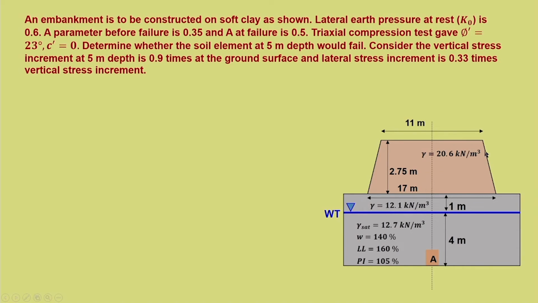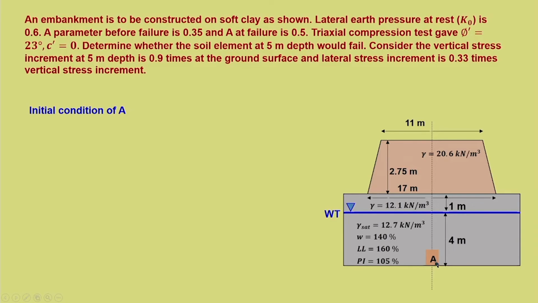So, first we need to find the stress increment due to embankment at the ground surface. Its 0.9 times will be the stress at the element A, and the lateral stress increment is 0.33 times the vertical stress increment at A. So, that information is given. So, let us see how to solve this problem.